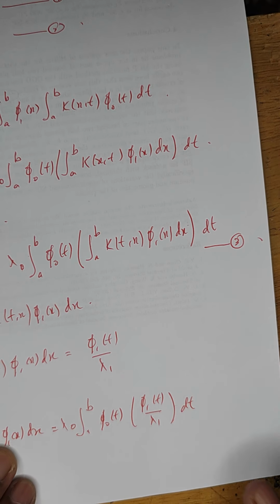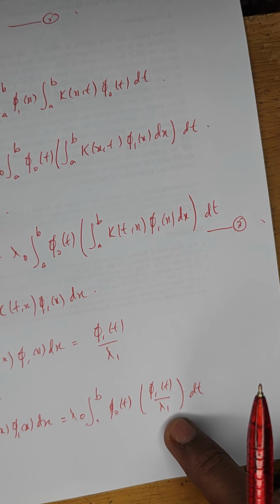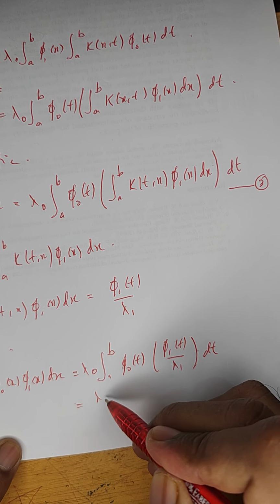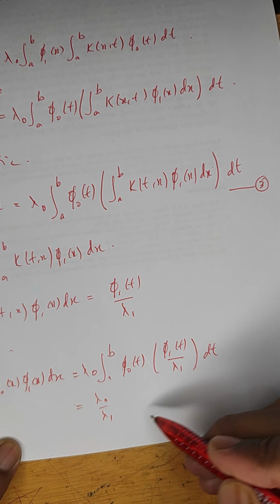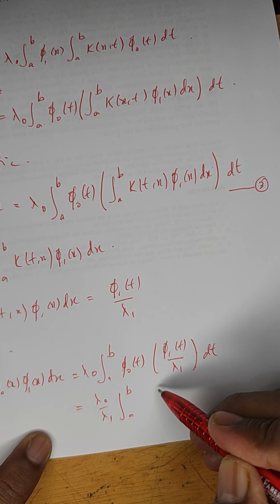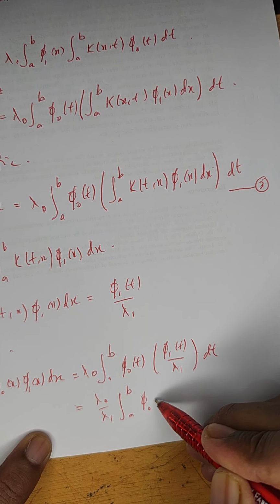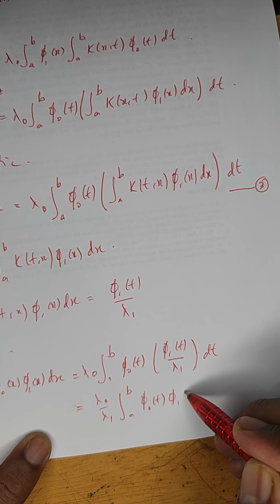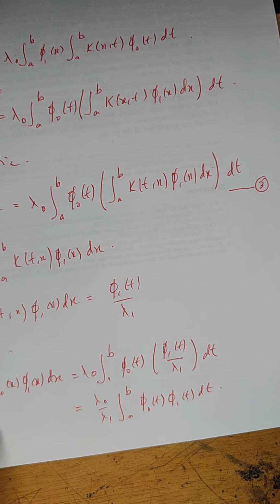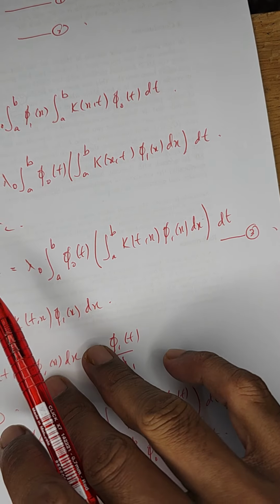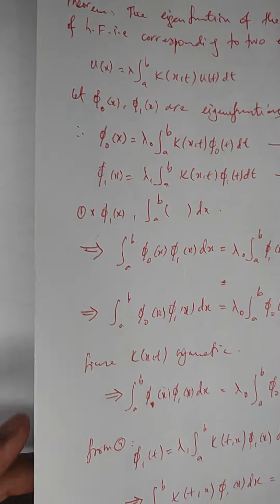Of course I can take out the lambda 1, so we have lambda naught over lambda 1 times the integral from a to b of phi naught t phi 1 t dt. And then I can multiply to the other side by lambda 1.